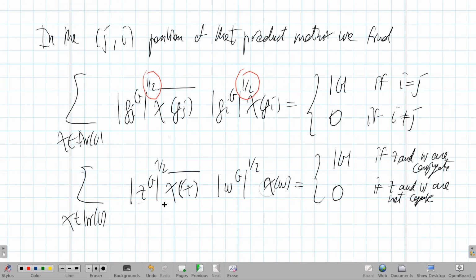Whereas when Z and W are conjugate, let me take a copy of this.